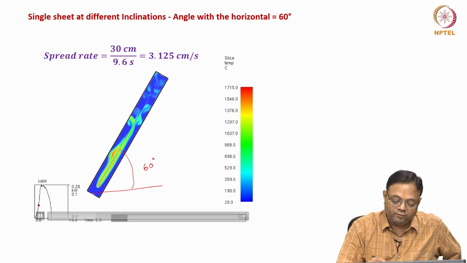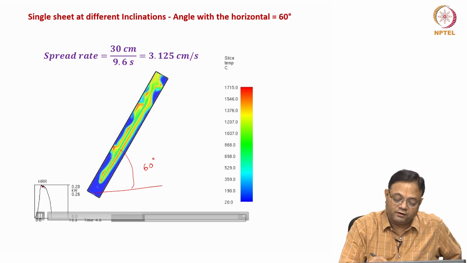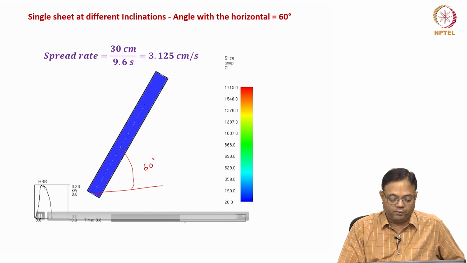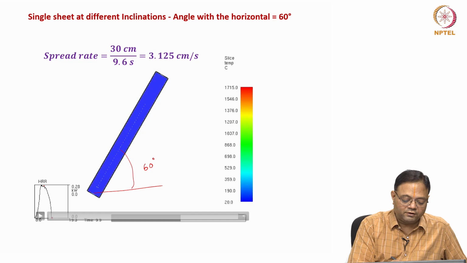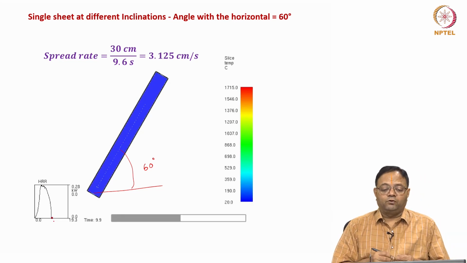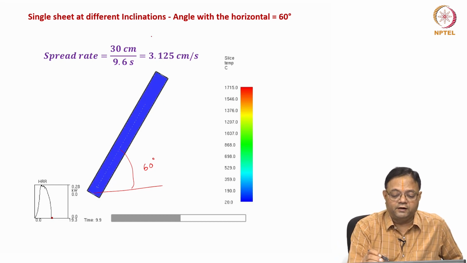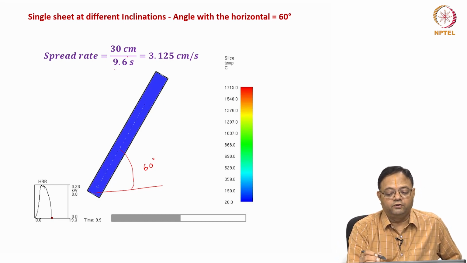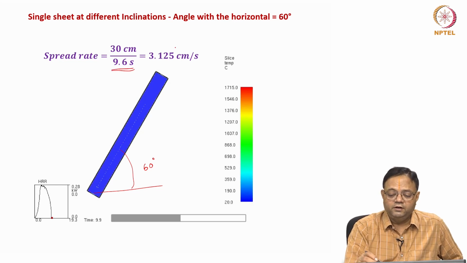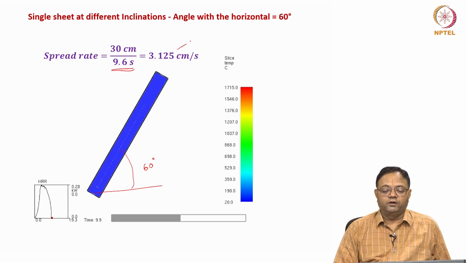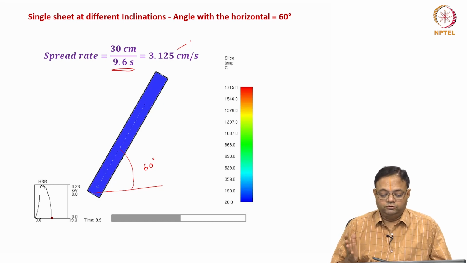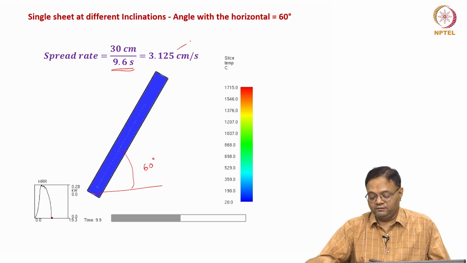Small oscillations are there, but compared to the top side, the oscillations are very few at the bottom. Heat release rate also increases, reaches the maximum and drops, as we saw in the 90-degree case. The 90-degree case took about 9.2 seconds; here it takes a little more time, 9.6 seconds. So the average flame spread velocity is about 3.125 centimeter per second. The flame spread slightly decreases.